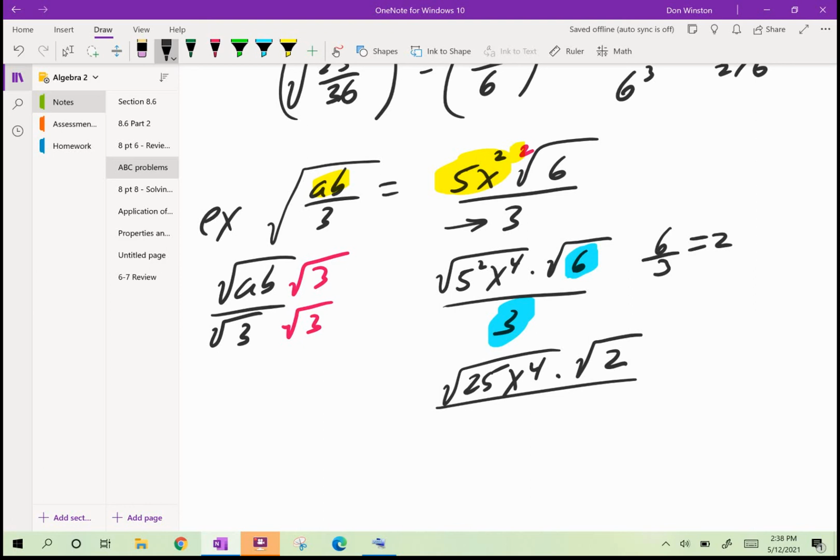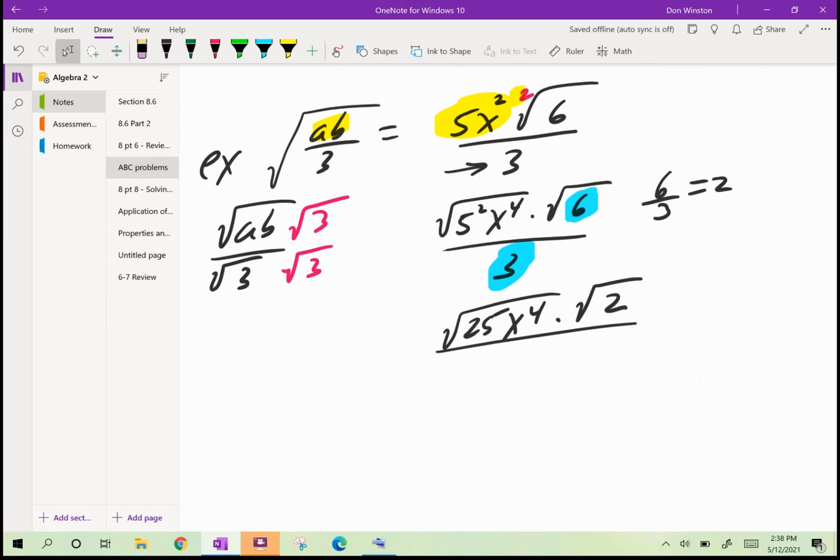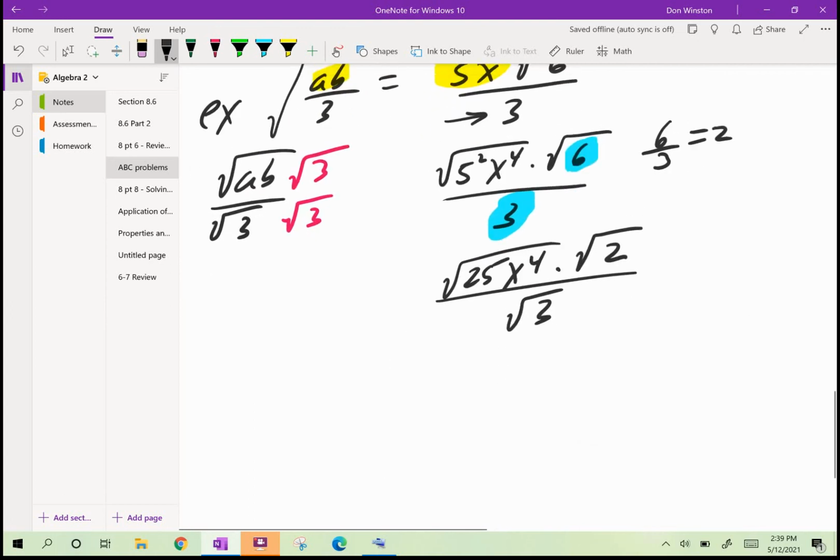the square root of 3. So this would have been the square root of 50 times x to the 4th over the square root of 3.